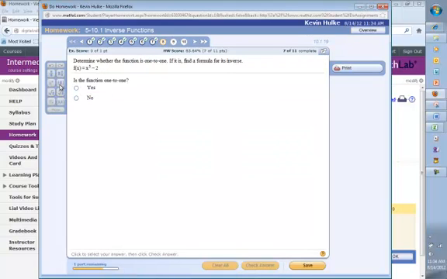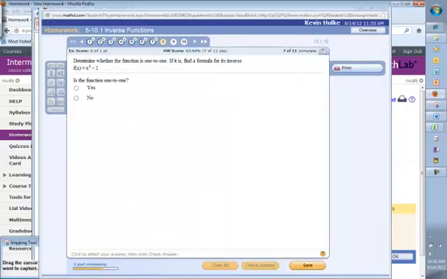Next one. Is this function a 1-to-1? Well, let's see.